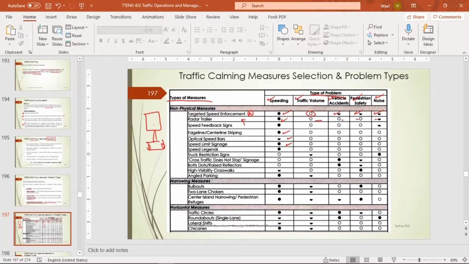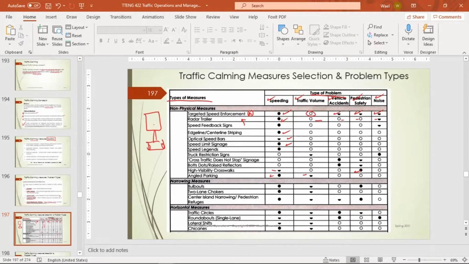You can go all the way to angled parking. If you allow angled parking, it forces drivers to slow down, and it also impedes the traffic volume. High visibility crosswalk, maybe it's good for pedestrians, but for speeding it's not that efficient.